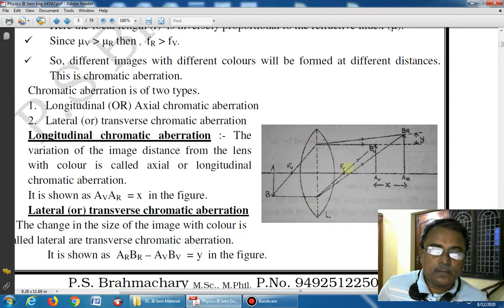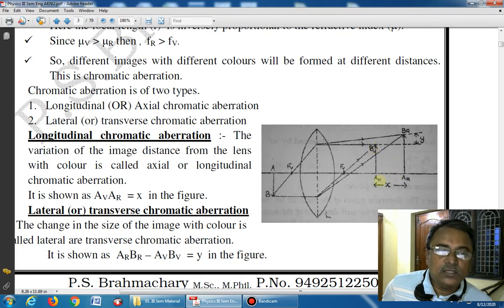See this figure. Here an object AB is taken on the left side and the rays from the object will fall incident on the lens and they will form different images on the other side of the lens in different colors. Say AR BR is the red image and AV BV is the violet image.